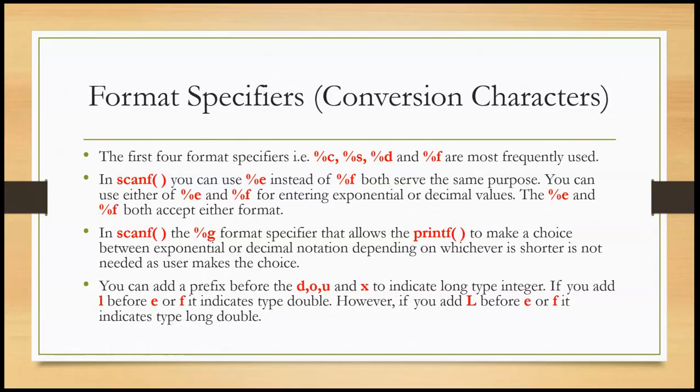The %e and %f both accept either format. In the scanf function, the %g format specifier, which allows printf to make a choice between exponential or decimal notation depending on whichever is shorter, is not needed, as the user makes the choice.